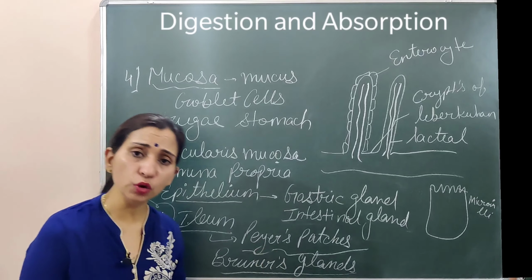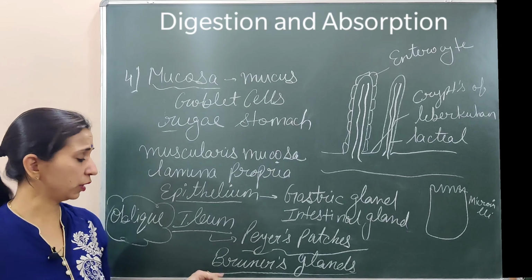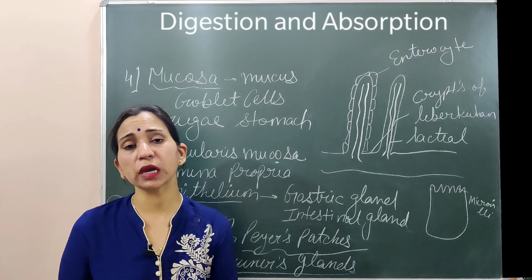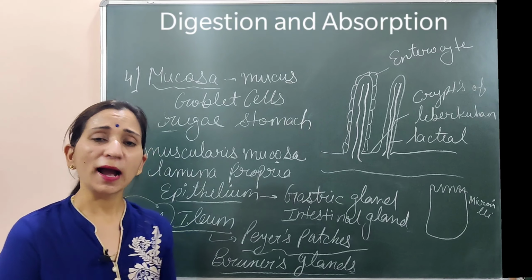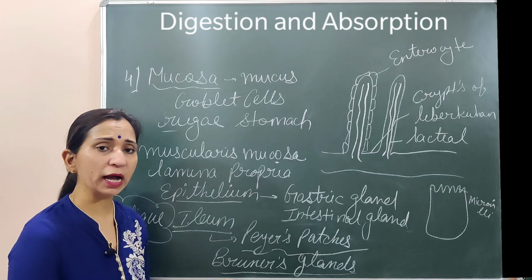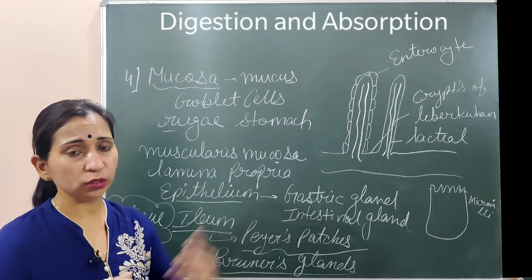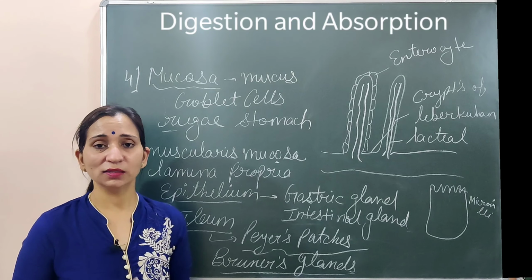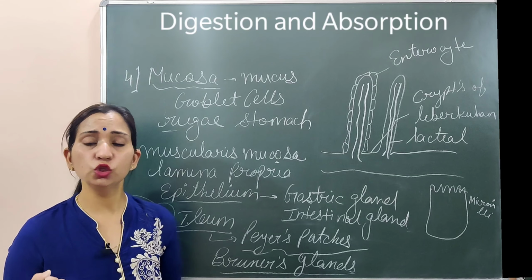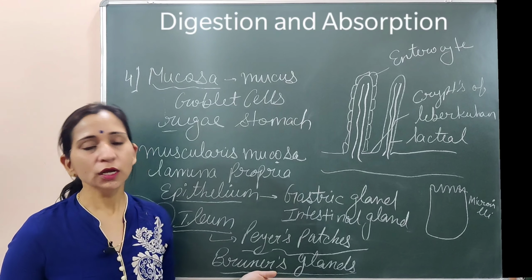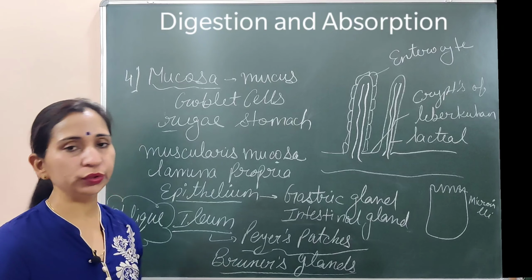Similarly, in the submucosa layer in the duodenum region, there are Brunner's glands, and these Brunner's glands help in secreting alkaline mucus. It secretes alkaline mucus which neutralizes the pH of the food. जो stomach से food आ रहा है, that has acidic pH, this acidic pH is neutralized by the alkaline mucus. So this is the function of Brunner's glands.